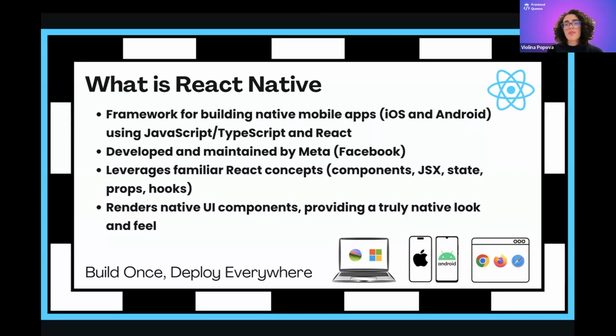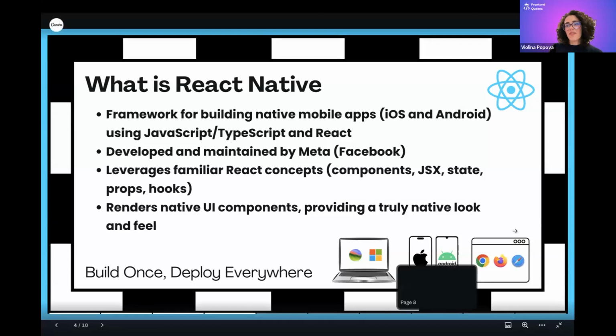React Native also offers excellent performance that's often very close to apps built purely with platform-specific languages like Swift or Kotlin. So in a nutshell, React Native lets us use our JavaScript and React skills to build real native mobile apps that can run on both iPhones and Android devices, offering good performance and a familiar development experience.